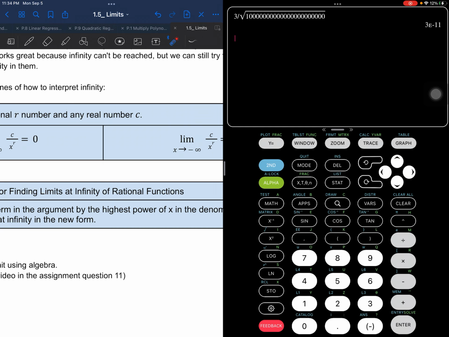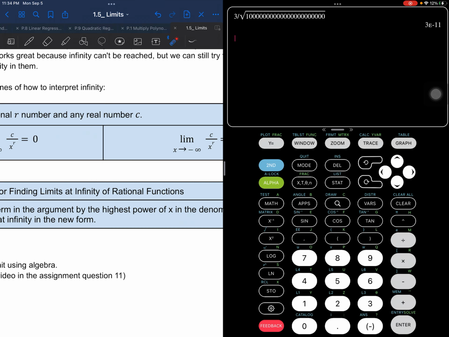That means this is like 0.000000000000003. So this number is very small, very close to 0. As x gets even bigger, this number gets even closer to 0.